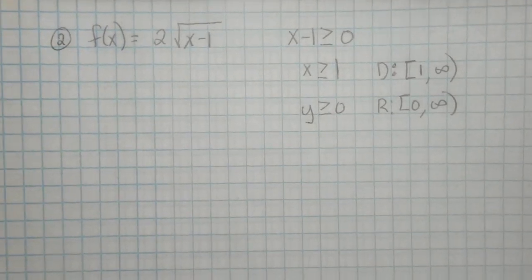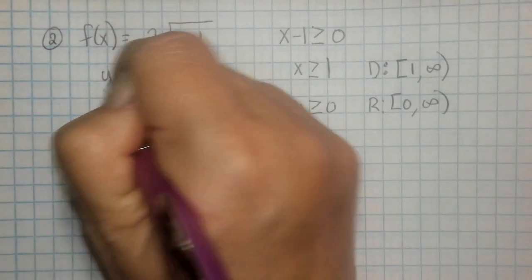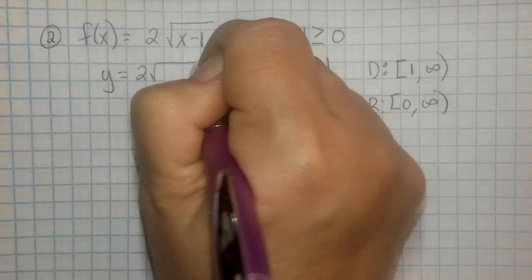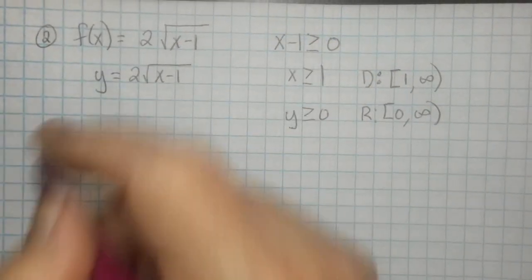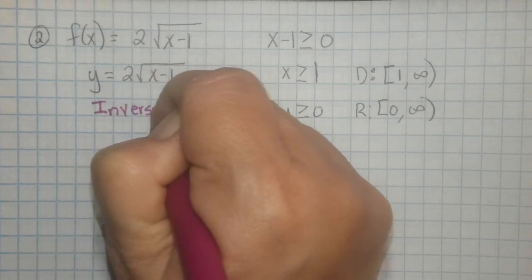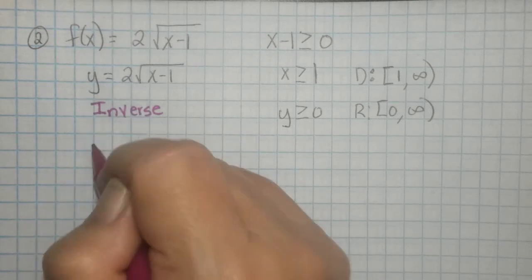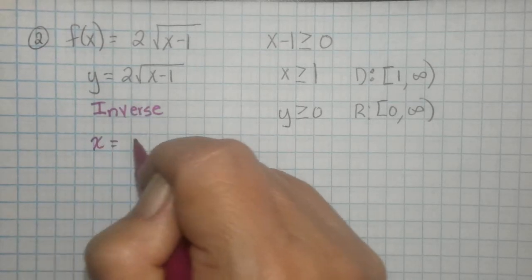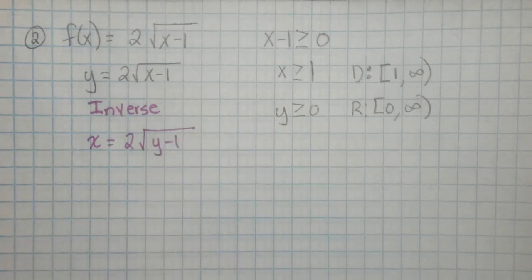Alright, so now let's do the algebraic steps. So first, I'm going to write this with y instead of f of x. And then I'm going to begin the process of writing my inverse. So I'm going to trade the x and the y. X equals 2 times the square root of y minus 1.